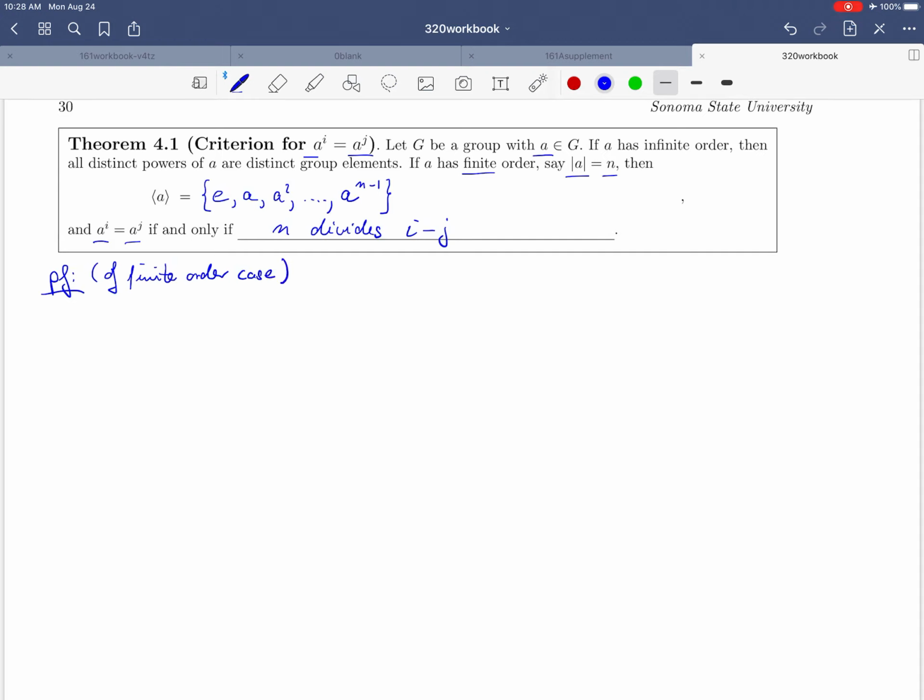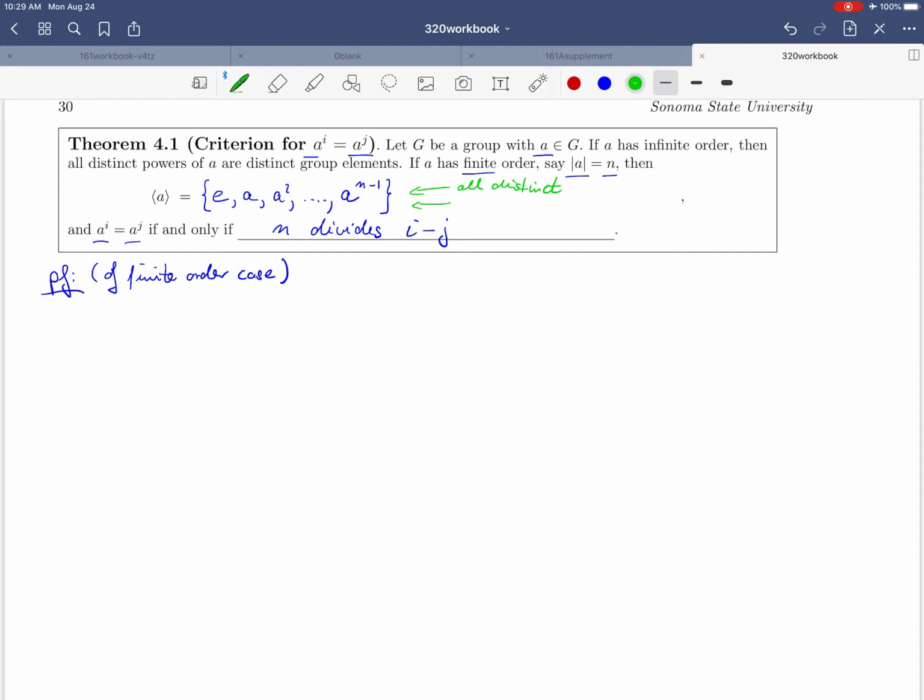And so what do we need to do? There are actually three things that we have to deal with. We have to show that all of these elements that we enumerated are all distinct.